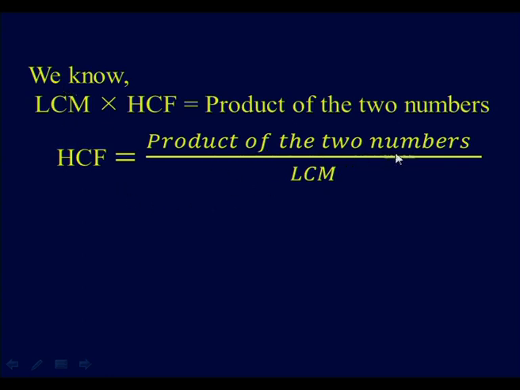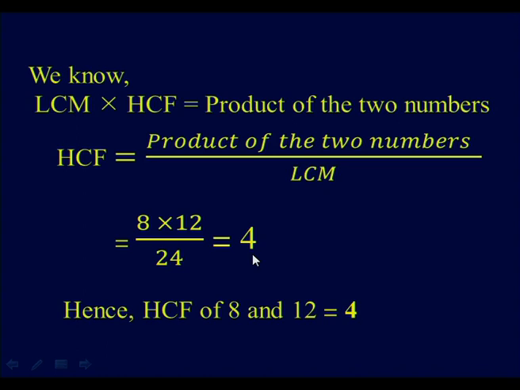So, the product of two numbers by LCM. The product of two numbers is 8 into 12, divided by the LCM of the two numbers, which we have already found, that is 24, which gives us 4. So, now the HCF of 8 and 12 is 4.